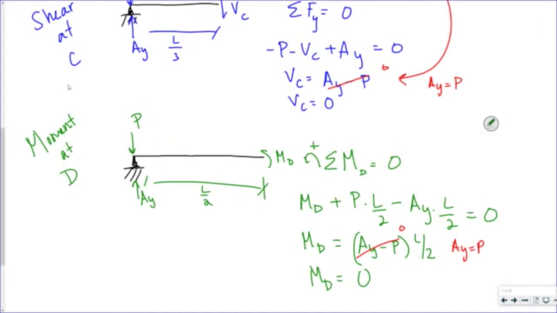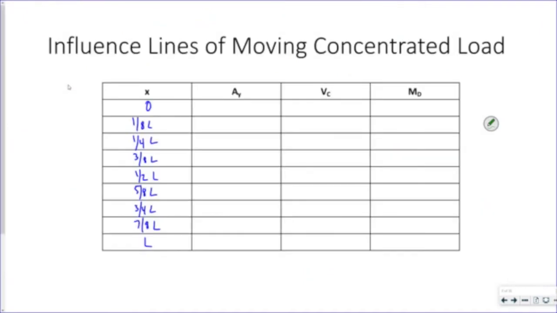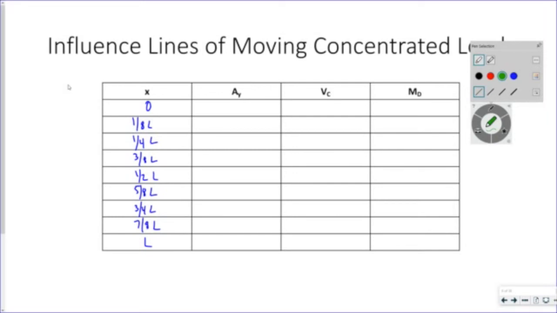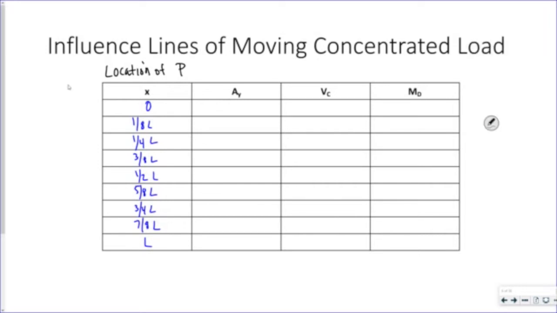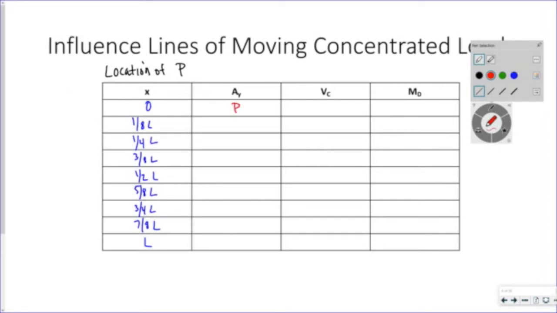So I can go back up here. Okay, if I put my P, the location of my moving load, at x equals 0 right at the support A, my vertical reaction at A is P. My shear at C is 0.